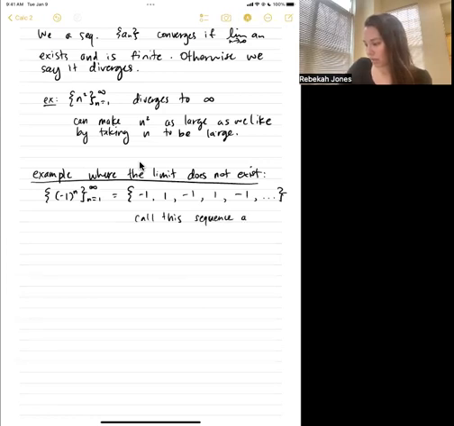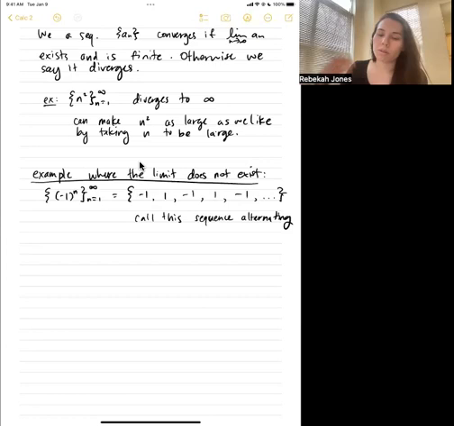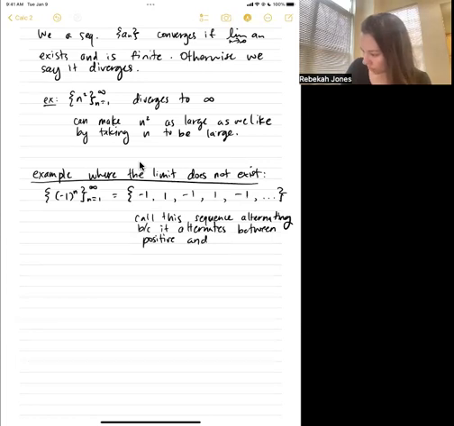What I mean by that is that it alternates between positive and negative values, right?